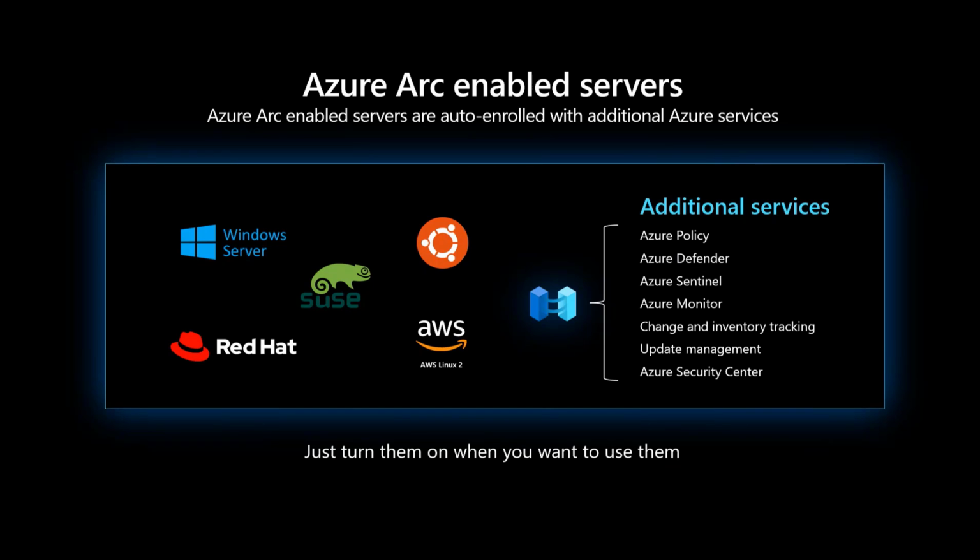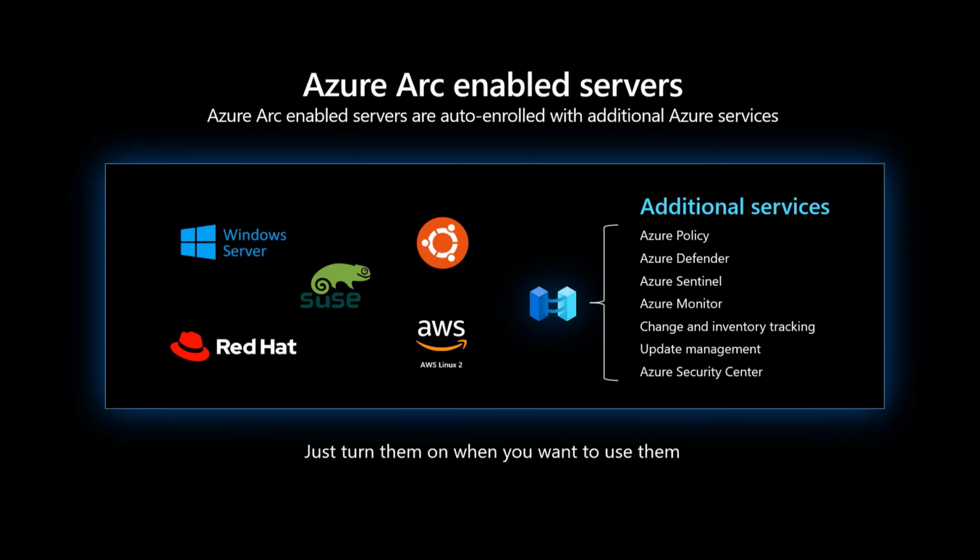So if you just want the inventory, you just want these servers to show up in the portal, but don't do things like patch management or monitoring these systems, that's entirely up to you. If you want to indeed use these additional Azure services like Azure Monitor, you have to enable that as a separate step. And that's supported across Windows and Linux systems.